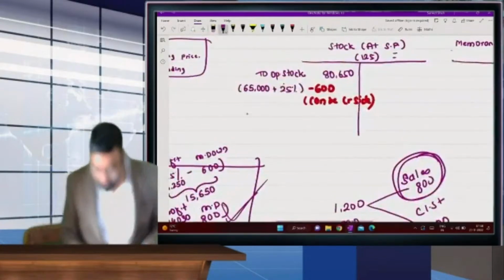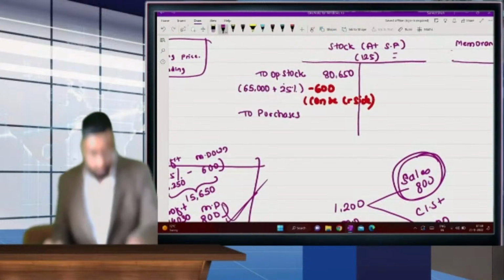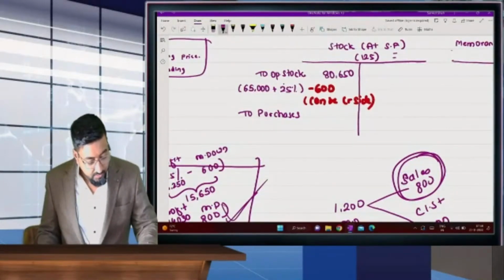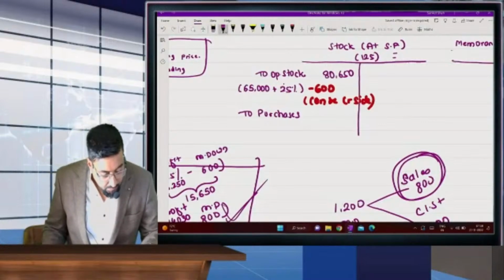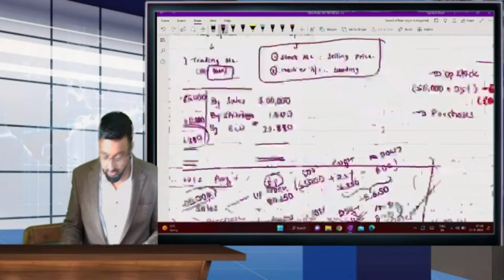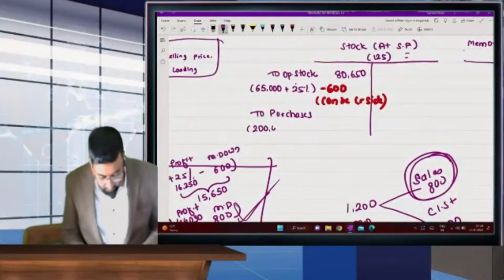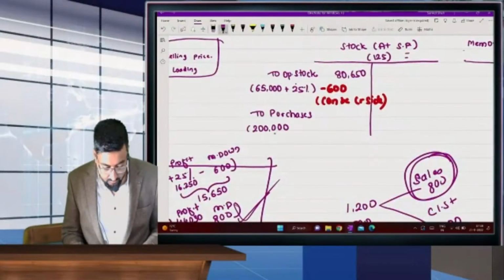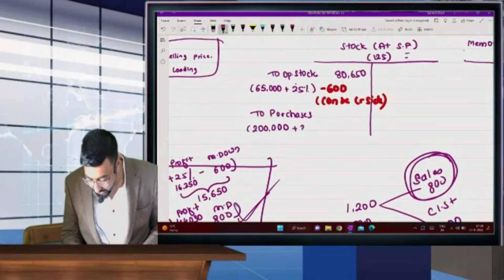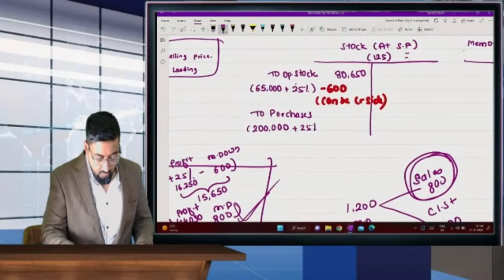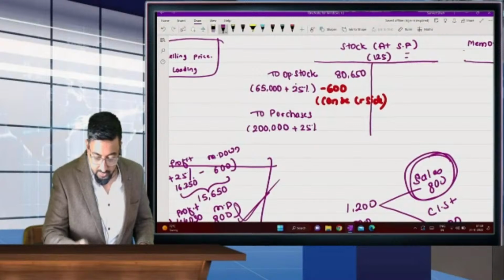Chalo. Now purchases. What is purchases, beta? 2 lakhs. Correct? Purchases 2 lakhs. But wait. 2 lakhs plus 25%.